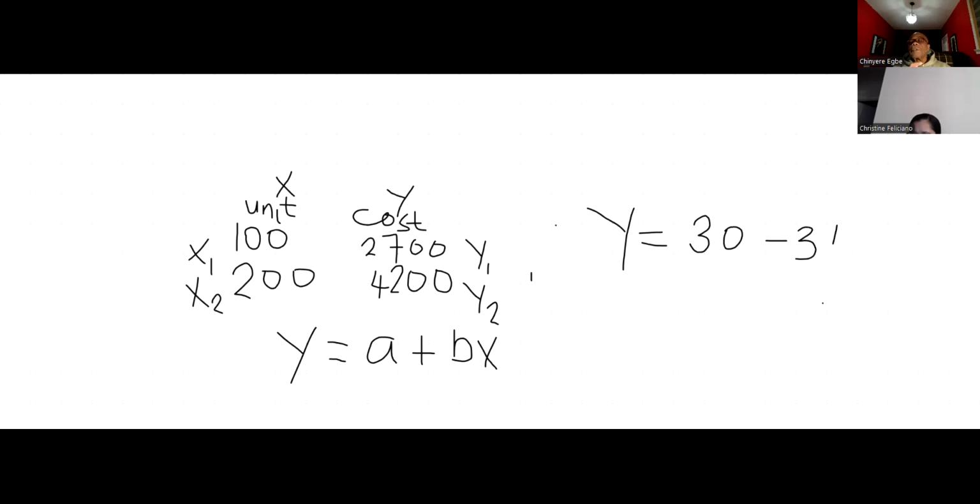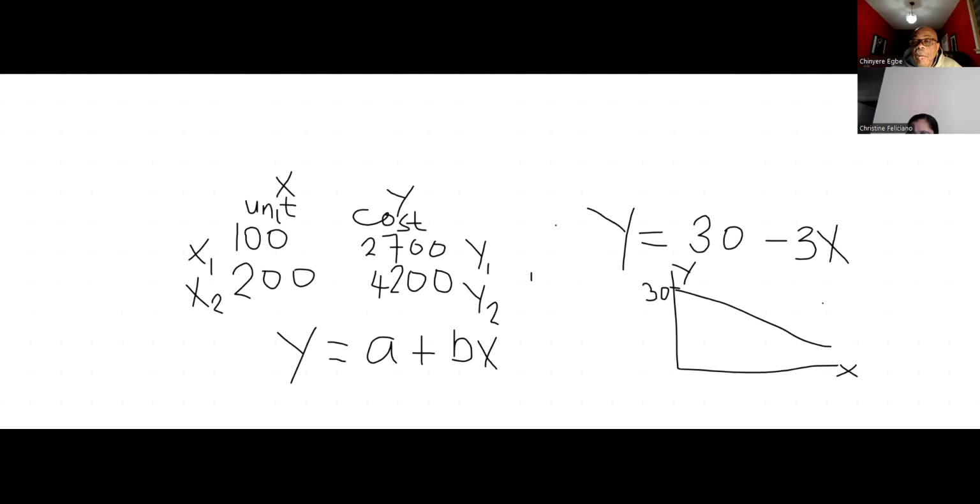In this case, the rate of change is minus 3. And so what you would have will be like here, 30. This is the beginning point, and it goes that way. So this is y, and that is x. Because the sign of b is negative, you have a downward sloping line. So this is a negative relationship, all right?